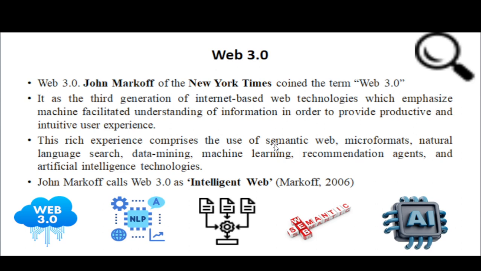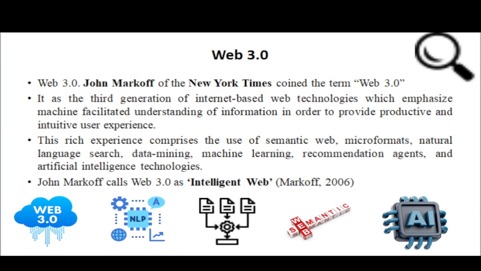This allows for more accurate and relevant information retrieval. For example, RDF is the Resource Description Framework. Then OWL is the Web Ontology Language. They are used to create interoperable data that can be easily shared and reused across different applications.